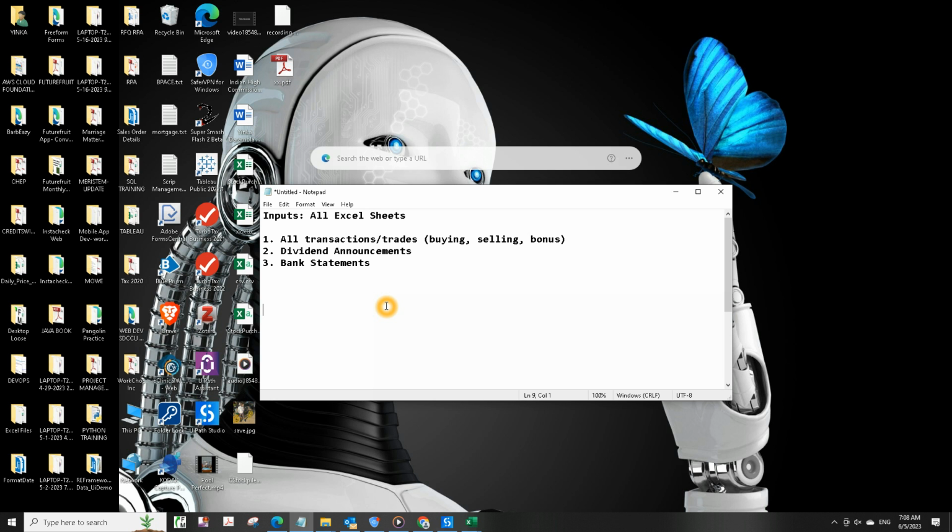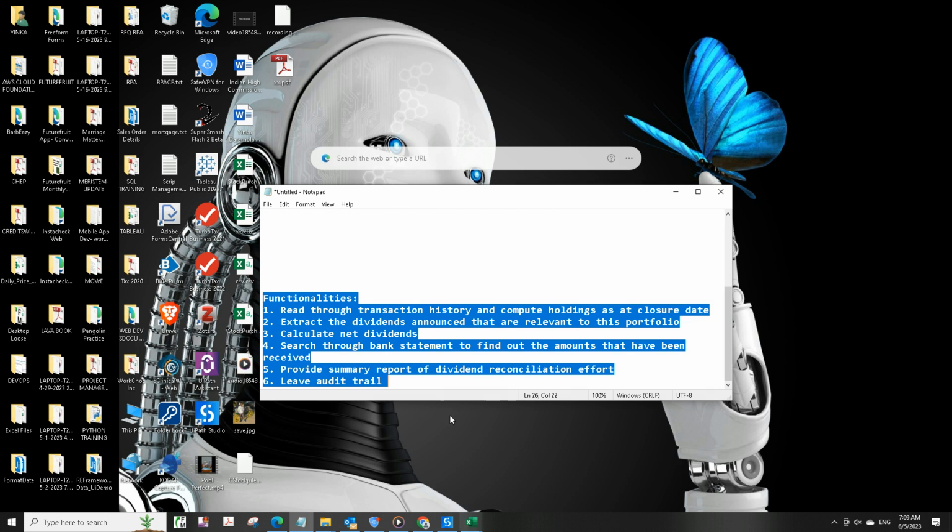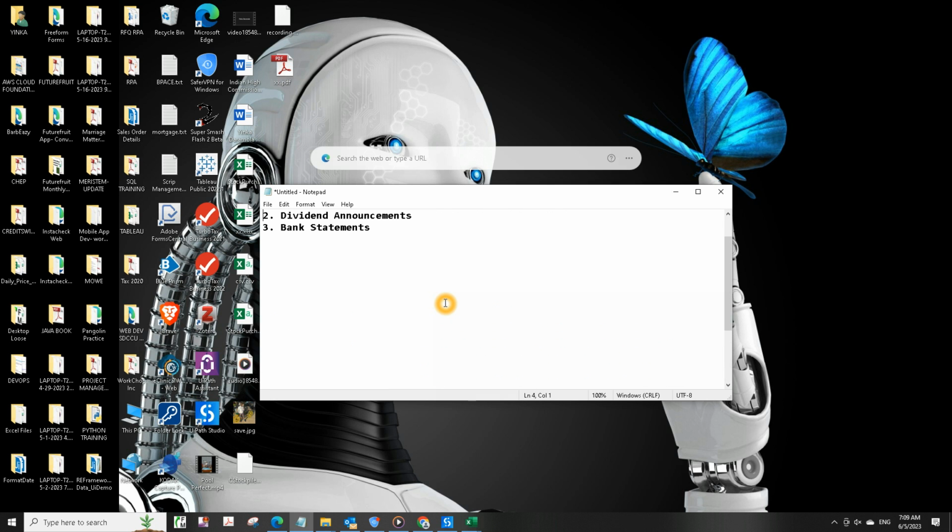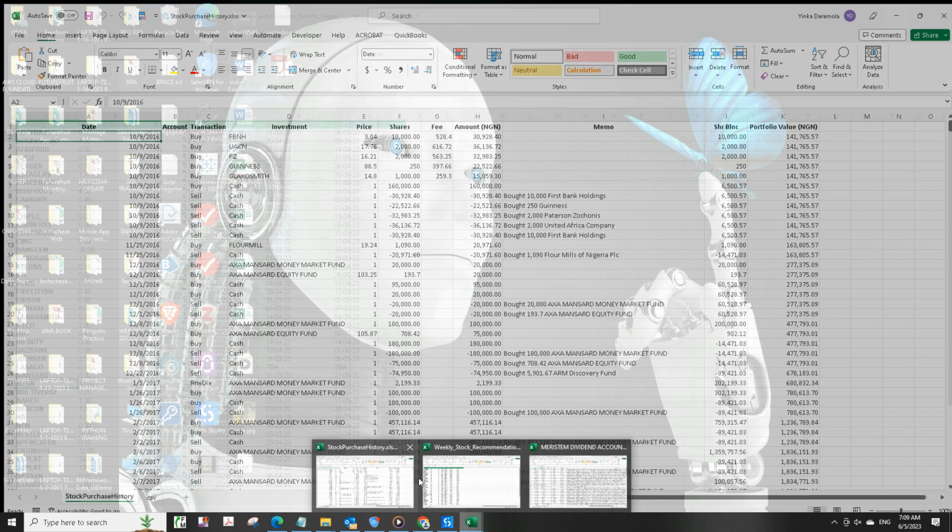You're going to need one Excel sheet that you can download from your ERP, portfolio management software. That report will have all the trades you have made on the particular portfolio, and it might look something like this.